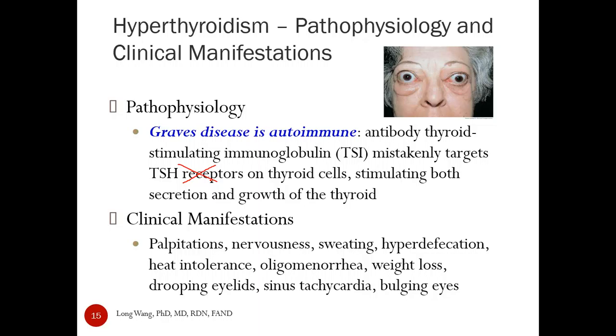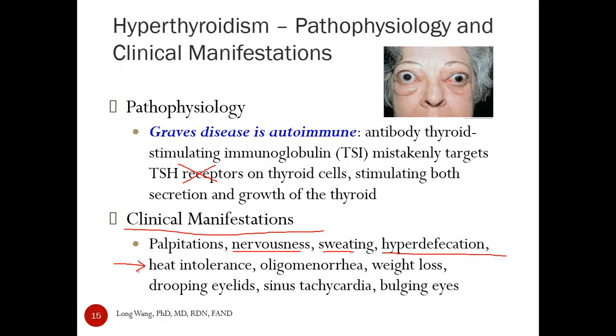With the hyperfunctioning thyroid, too much thyroid hormone in the system, patients will have the following clinical signs. They have palpitations, they feel nervous, they sweat a lot, they suffer from hyperdefecation, and they have heat intolerance.